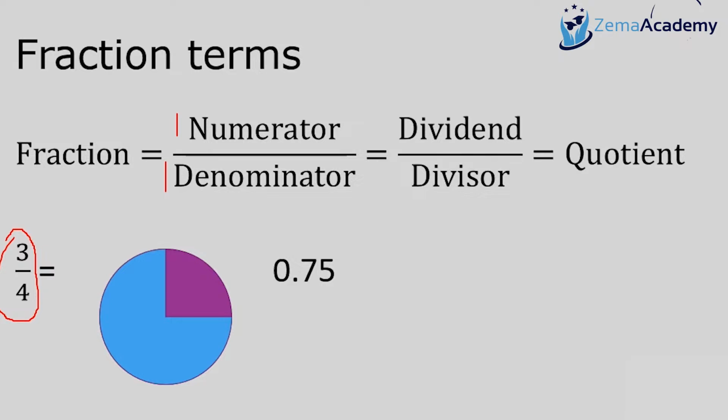And if we actually do that calculation, then we change the terms. 3 would be the dividend, and 4 would be the divisor. The result of that calculation would be 0.75, and that's what we call the quotient. The result of the calculation from a fraction is the quotient.